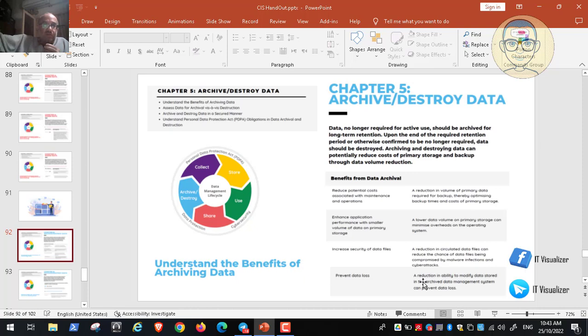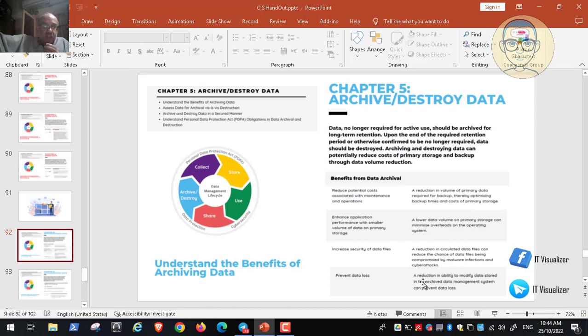For example, if you are putting data on DVDs, which are read only, or backup tapes. If you archive data on media that is not rewritable, or you can write on it only once, you cannot change the data. So this is a good way to prevent loss of data.